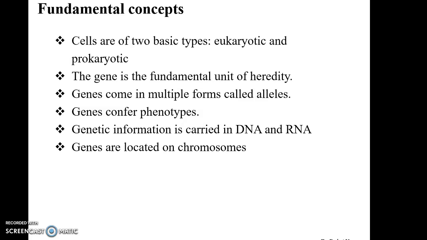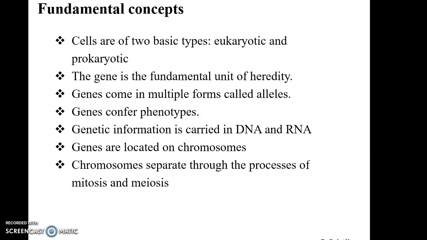The vehicle of genetic information within a cell is the chromosome, which consists of DNA and associated proteins. The cells of each species have a characteristic number of chromosomes. For example, bacterial cells normally possess a single chromosome, while human cells possess 46 chromosomes. So these chromosomes are the vehicles which carry the genes.